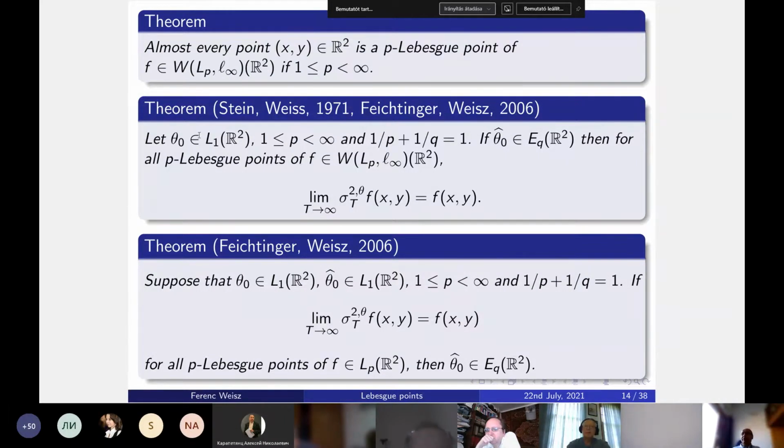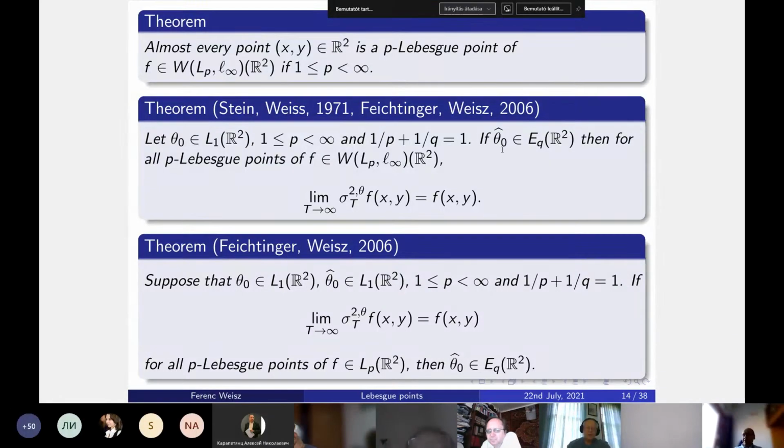Suppose that theta 0 is an integrable function. Theta 0 was the radial function in the definition of the theta means. So we suppose that theta 0 is integrable, p is greater than or equal to 1, and 1 over p plus 1 over q is equal to 1, so q is the dual index to p.